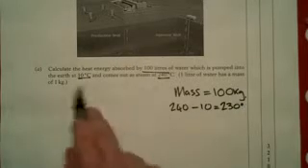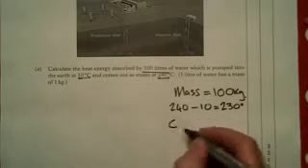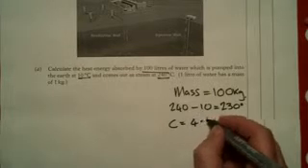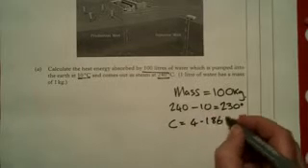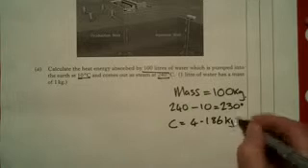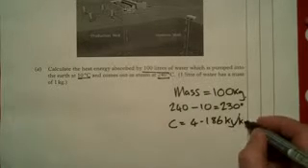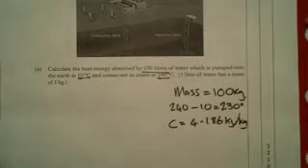One thing more that we need to find out from the data book is the specific heat capacity of water, which is C, and that is equal to 4.186 kilojoules per kilogram of water. Okay, let's look at the actual formula then.